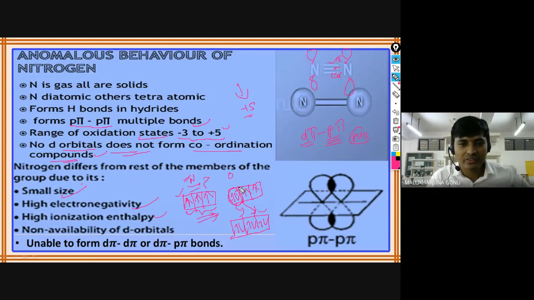But if you go across the period, nitrogen will show a different property, because across the period size decreases but ionization enthalpy increases. We require a lot of energy, but there is a change in the case of nitrogen. Since it is half-filled, it will show more than oxygen and more than carbon also. Okay, now it is clear.